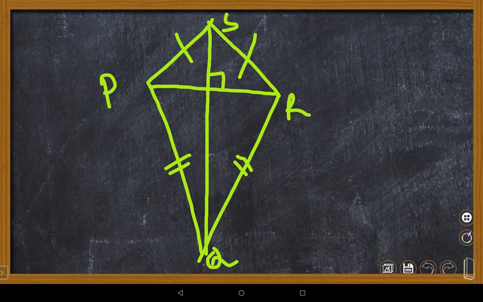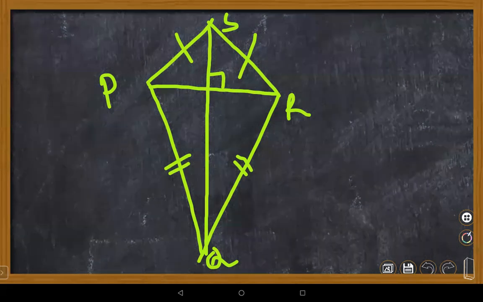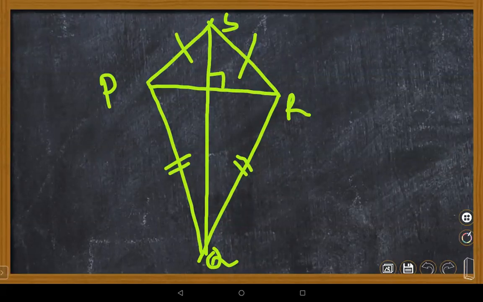Very good. Ma'am, there is only one pair in this case, the diagonals, P and R. PO is equal to OR, ma'am. Very good. Suppose kite is given, how are you supposed to think, children?